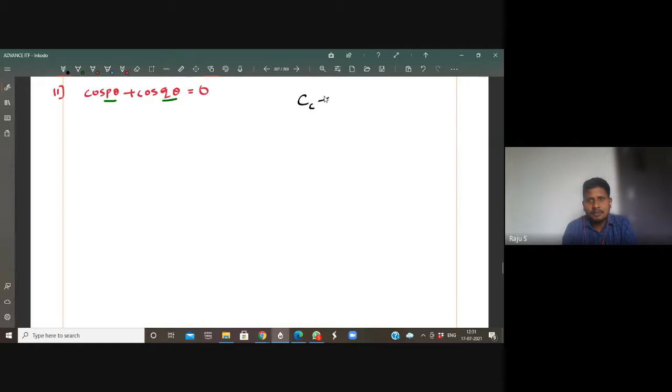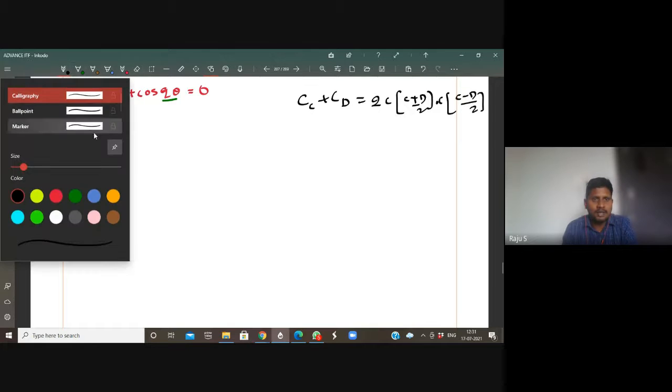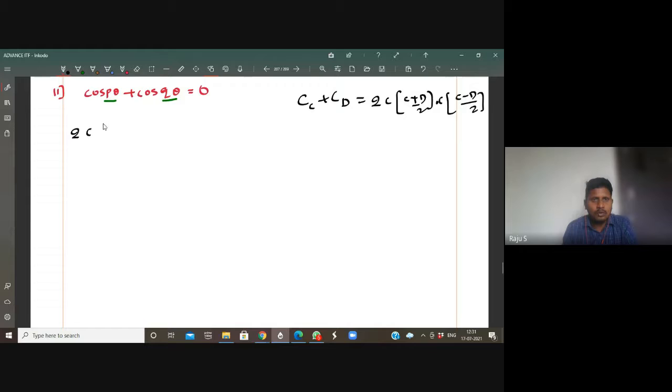Applying this, we get 2 cos of p theta plus q theta by 2 into cos of p theta minus q theta by 2 is equal to 0.